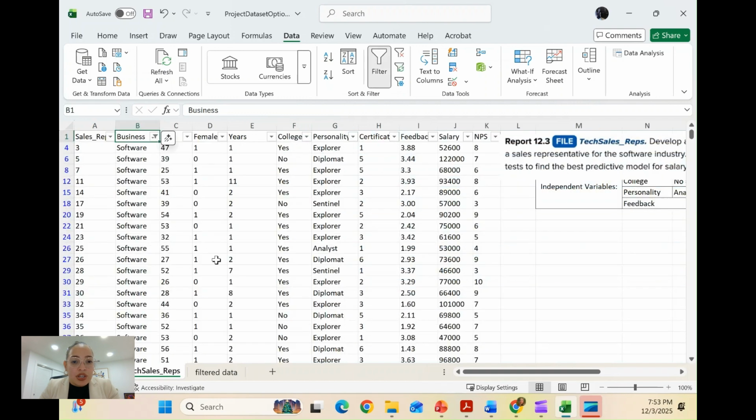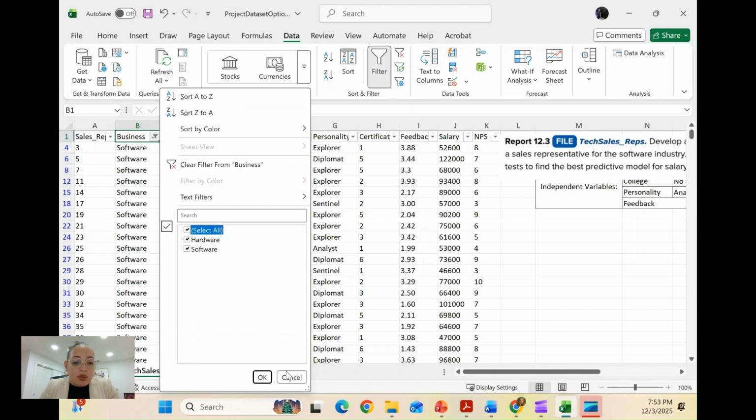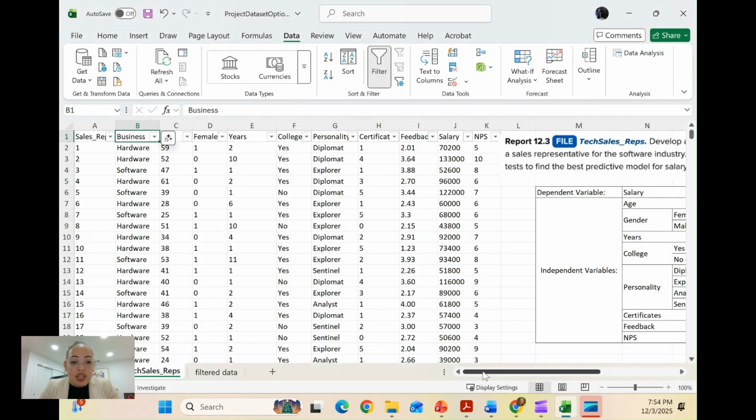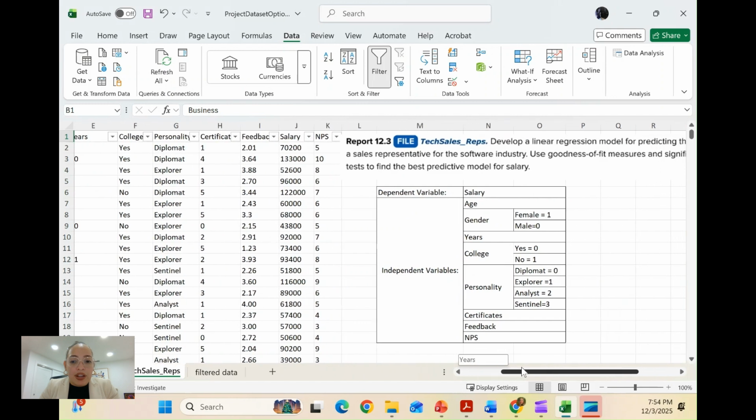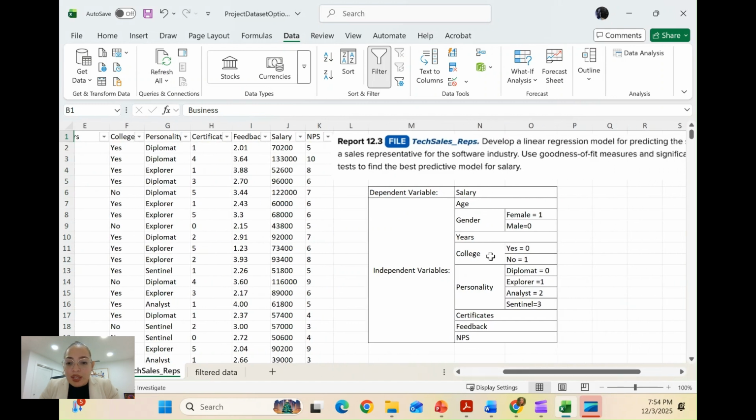So if you see here, for example, in college, it's categorical information. It says yes or no. So what we have to do is called a dummy variable. We have to change that information to numerical values. So in this case, if it has a college degree, it will be zero, and if it doesn't, it will be one.